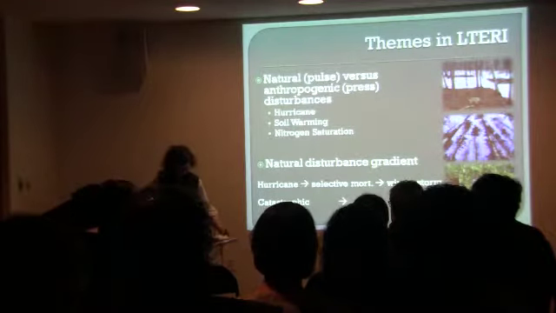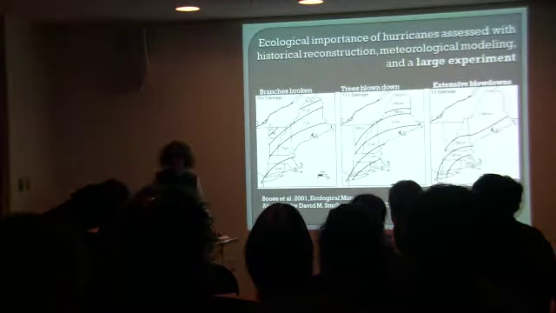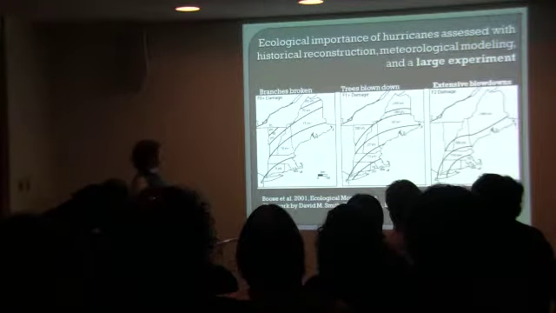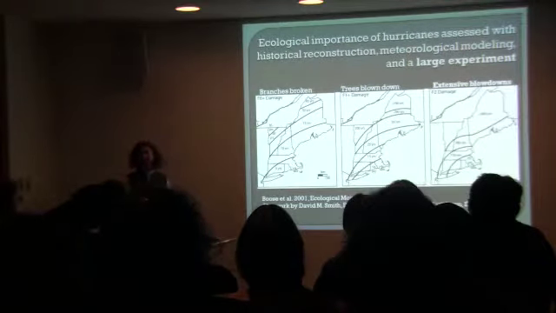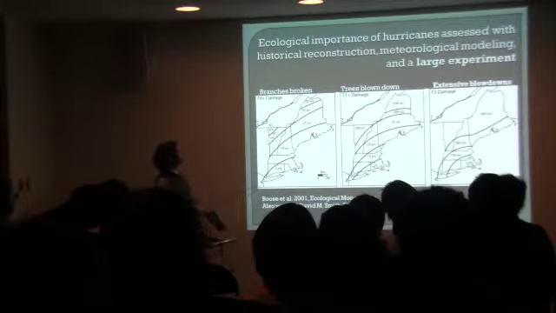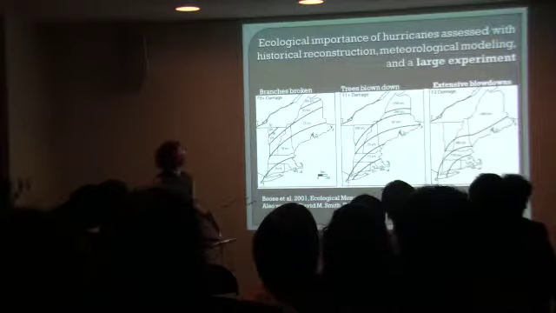So I'll start by talking about our hurricane research, and just to give a little context, we've studied the ecological importance of hurricanes with a variety of methods, including historical reconstructions, meteorological modeling, and the large experiment, and at several scales, from the stand to landscape to regional scales.